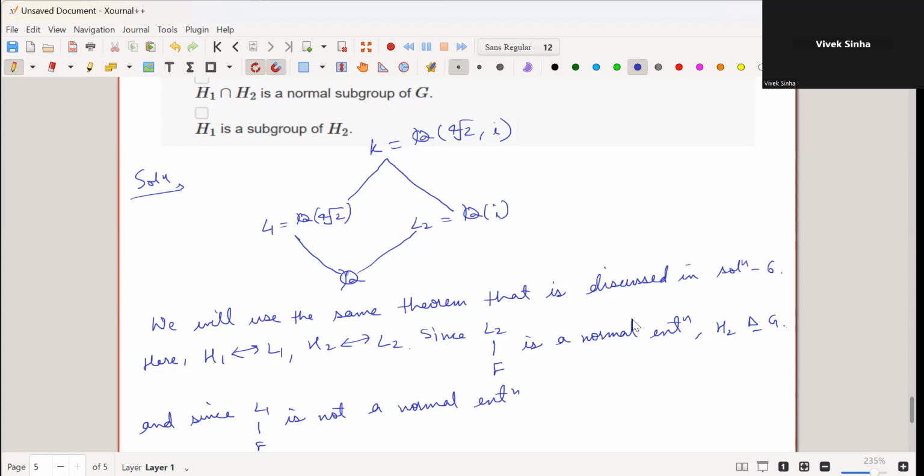And that will have the splitting field K, not L1. So it's not a normal extension. So H1 is not normal in G.